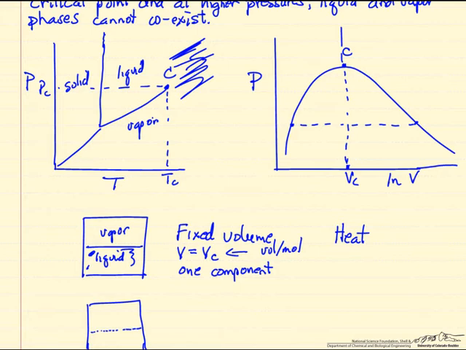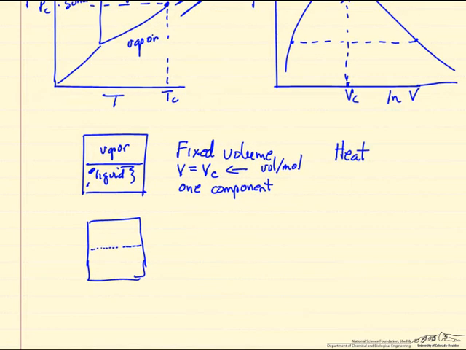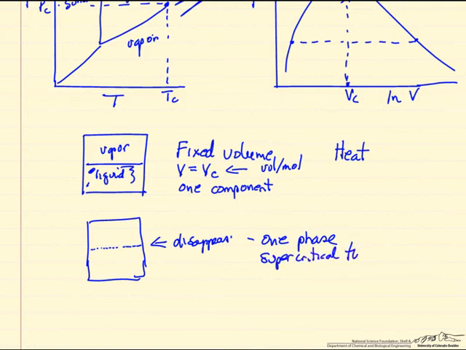In other words, you can see from this diagram, as we get closer to the critical pressure and critical temperature, the difference between the saturated liquid here and the saturated vapor here decreases. Their volumes start to become similar, their enthalpies, all their other properties, until we get to this point where we only have one phase. And so as we heat it, essentially this disappears. We see it slowly disappear. We end up with just one phase, and that phase is a supercritical fluid.